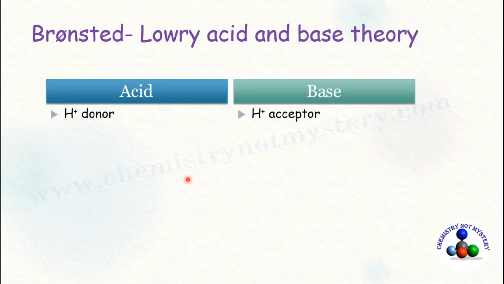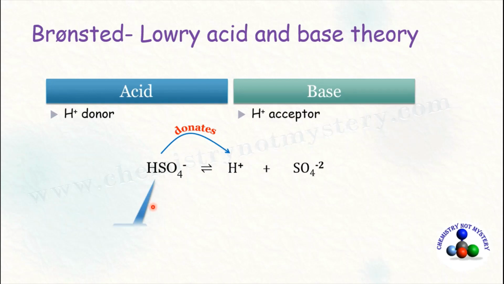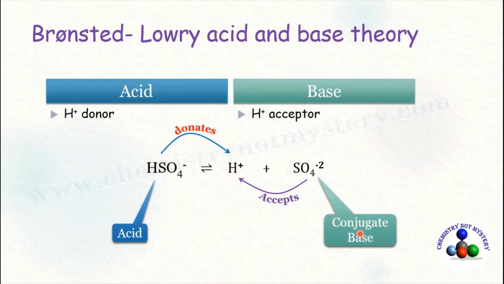Now examine another example. When HSO4 negative dissociates, it gives H plus ion and SO4 2 negative ion. As HSO4 negative donates H plus, it will be an acid. And SO4 2 negative, as it accepts H plus, will be a conjugate base of HSO4 negative.